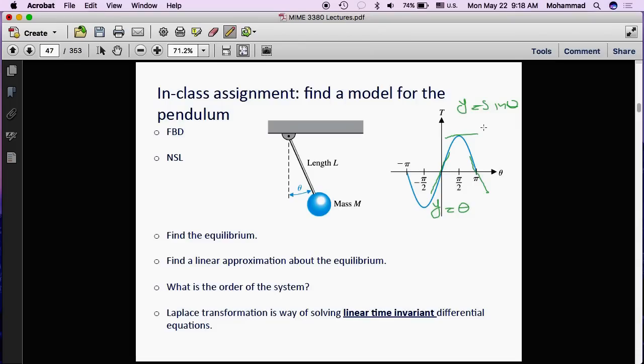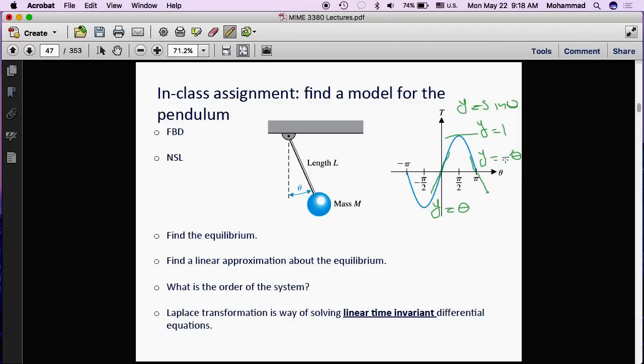What is this equation? It's y equals 1. What is this equation? This is y equals negative theta. So it's a slope of negative 1.